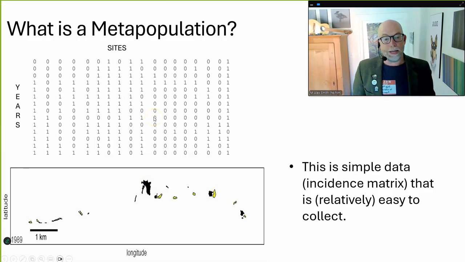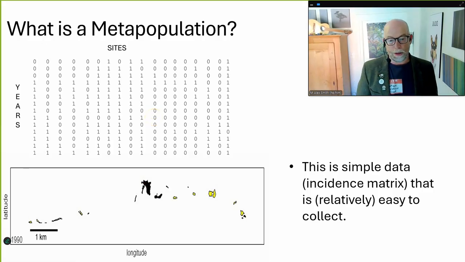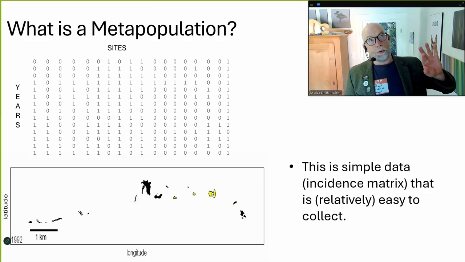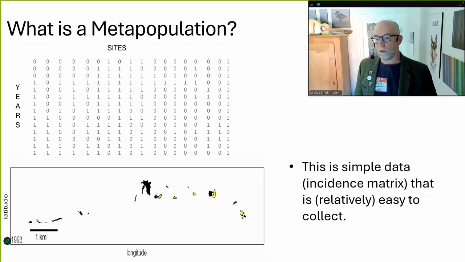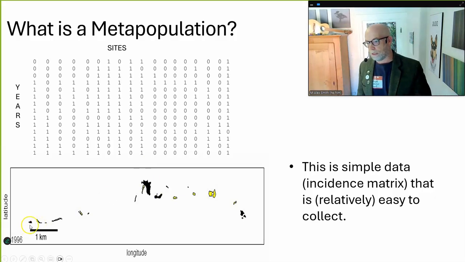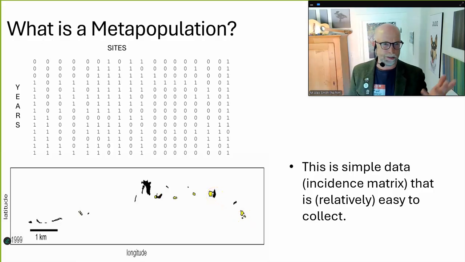And so the data is relatively simple for a metapopulation on one level. If you put aside for a second measuring dispersal, what we've got here is a series of black and yellow shapes. These are habitat patches for a particular species, in this case, I apologize, an amphibian, and it's showing these blinking lights turning on and off as populations across this matrix.